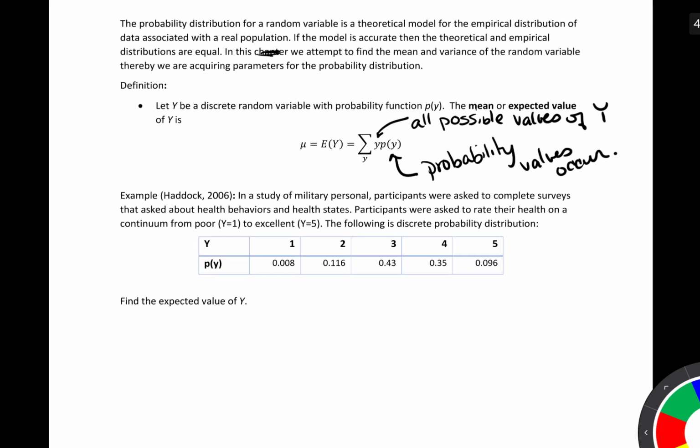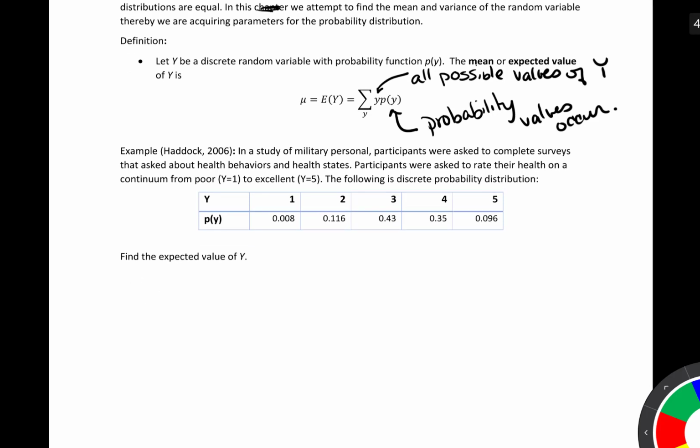So let's go back to our example that we had earlier. And again, this is the study of the military personnel. If we wanted to find the expected value of y, what we're going to do is look at each of the possible values that y can take, and weight that by the probability it takes that value. So for each of the values, starting with 1, we're going to take 1 and multiply it by the probability that 1 occurs.